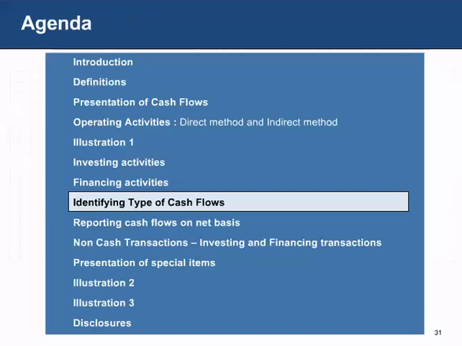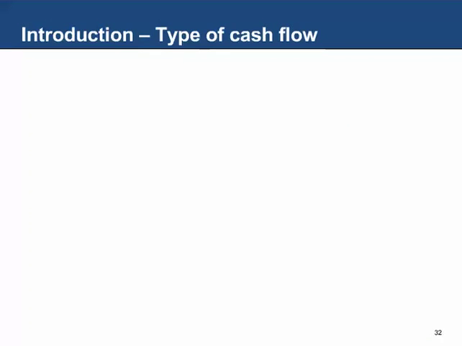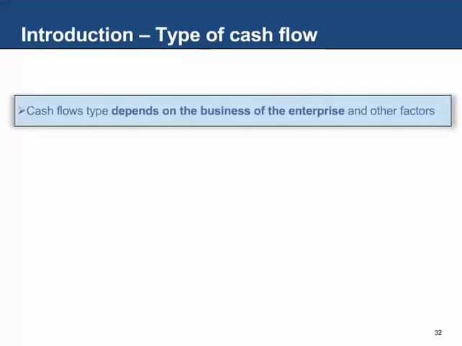So friends, after understanding the operating, investing and financing activities, let's understand certain types of cash flows. How do we identify them as either operating, investing or financing activities? So let's do a brief introduction on the types of cash flows. Cash flow type depends on the business of the enterprise and other factors.